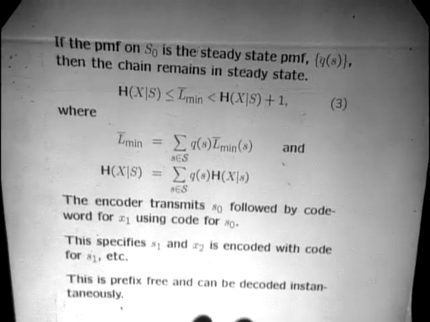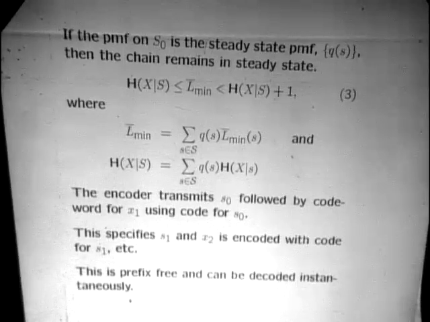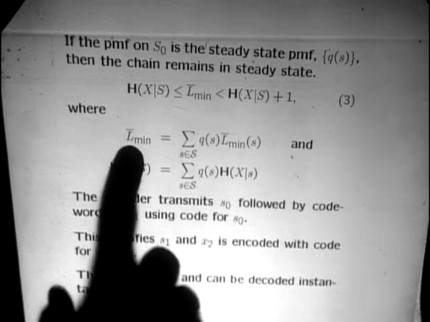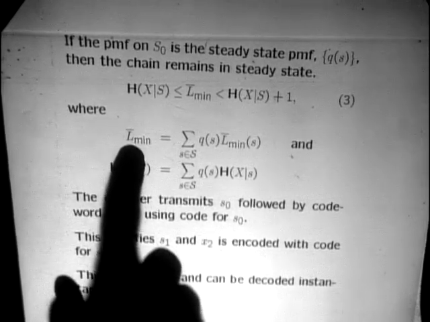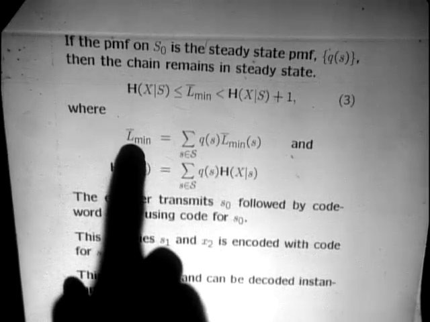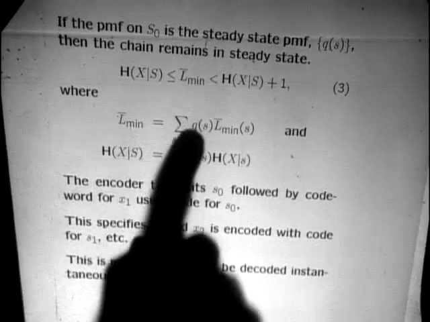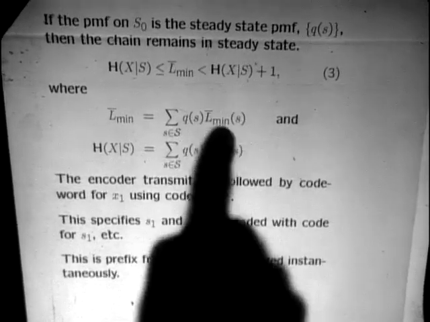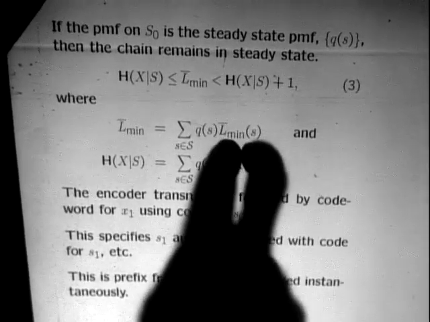Okay. So if we start out in steady state, then all of these probabilities stay in steady state. When we look at the number of binary digits per source symbol and we average them over all of the initial states, which occur with these probabilities q of S, we have these best Huffman codes.